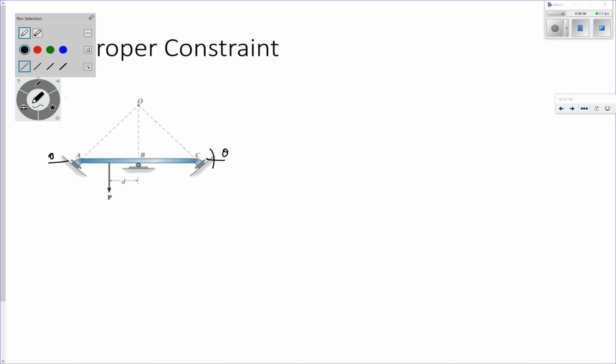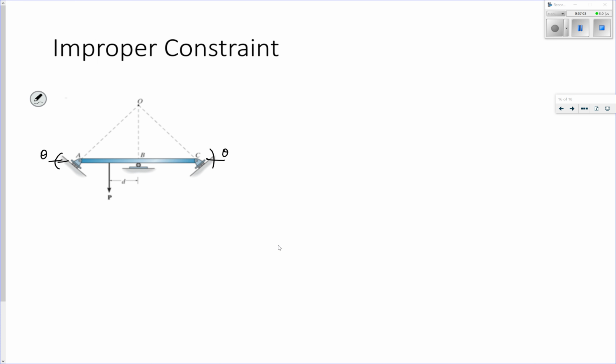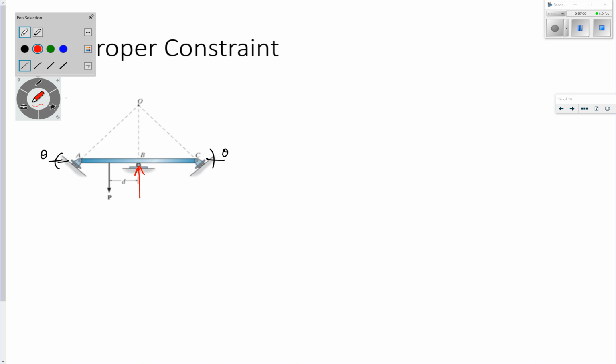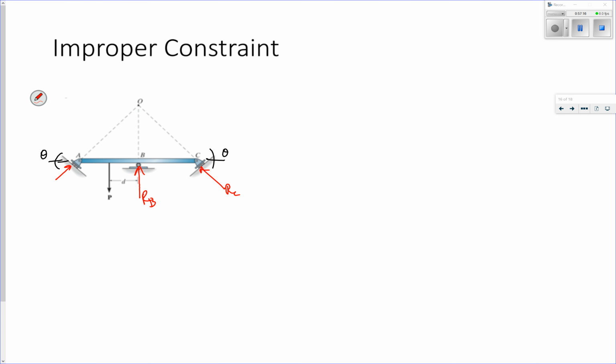Right? So if I draw my reaction forces, I'm going to have a reaction force at B in the vertical direction, and then I'm going to have a reaction force at C and a reaction force at A that are basically equal but opposite, right?